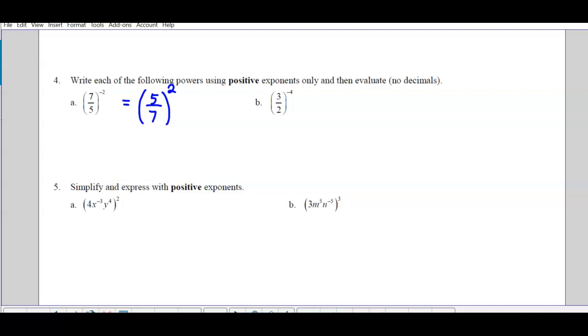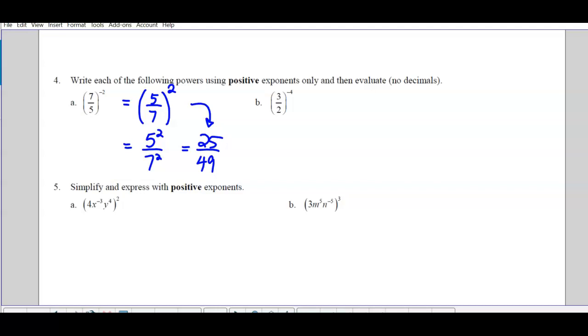Then remember what we learned the other day, right? So you're squaring 5 and you're squaring 7 and keeping them in the correct place. So this is 5 squared over 7 squared, which is 25 over 49. If you want, you can skip this step and go right to here.